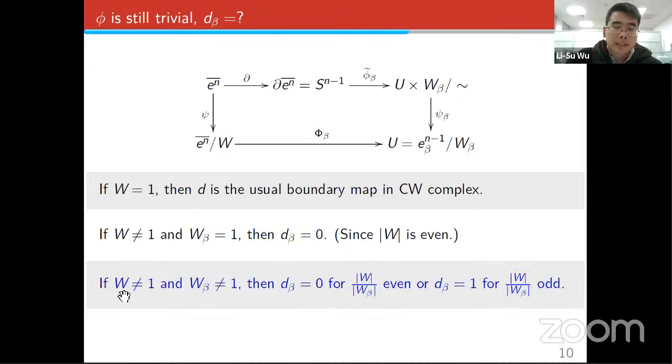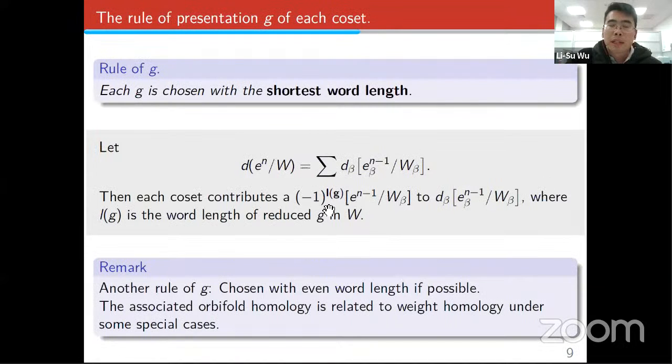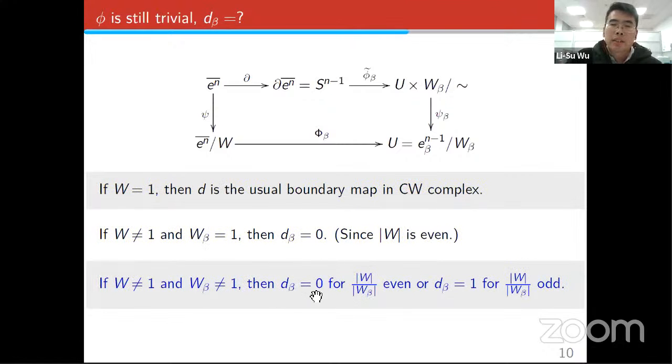And the third case is if this is a singular Coxeter cell, and its boundary is also a singular Coxeter cell. If the order of W divided by the order of W_beta is even, then they are also paired off by this (-1)^{l(g)}, and now d_beta is 0.